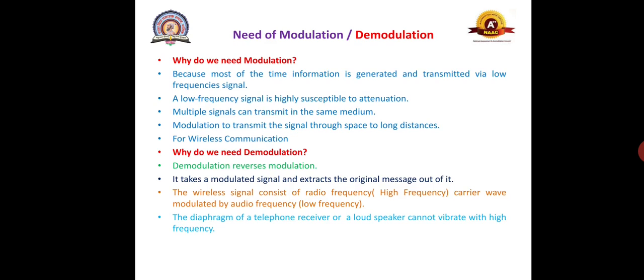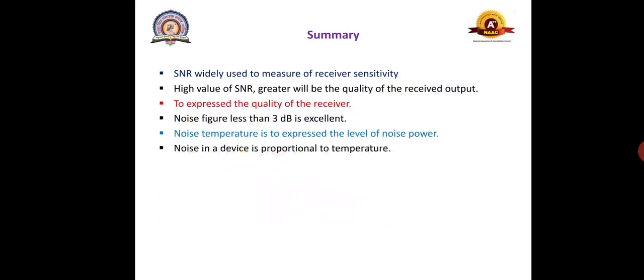Very high frequencies cannot vibrate the diaphragm of a telephone receiver or loudspeaker. So we need to demodulate it so that we can obtain the low frequency signals.